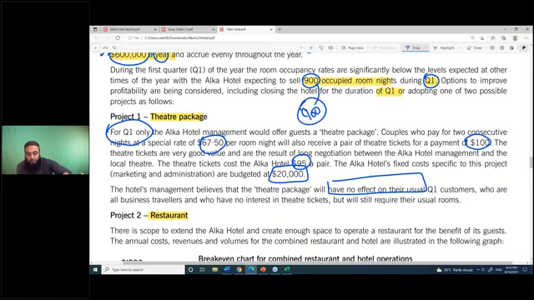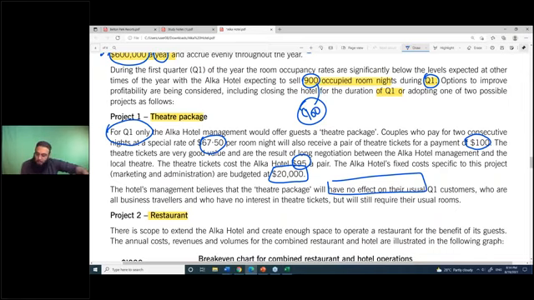These are the usual quarter one customers, who are all business travelers and who have no interest in theater tickets, but will still require their usual room. So the current audience remains unchanged. Whatever you will get will be your new audience, as your current audience will not be affected.